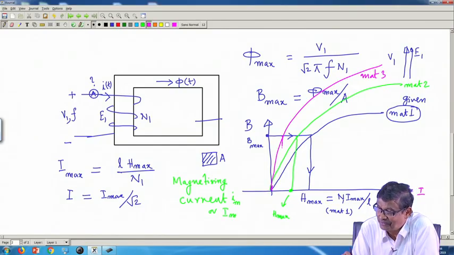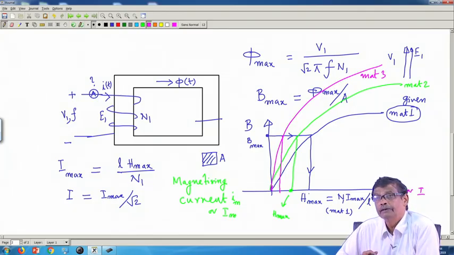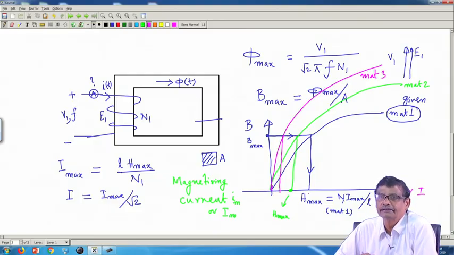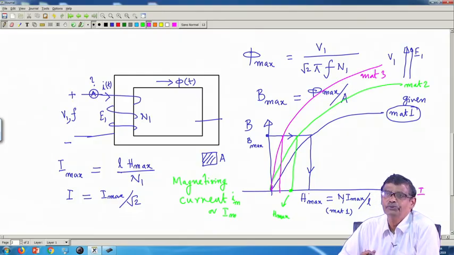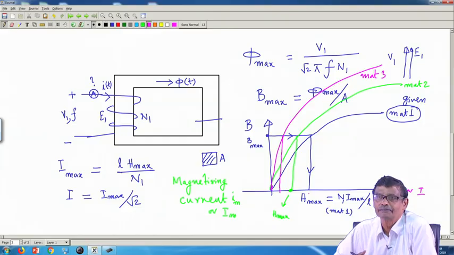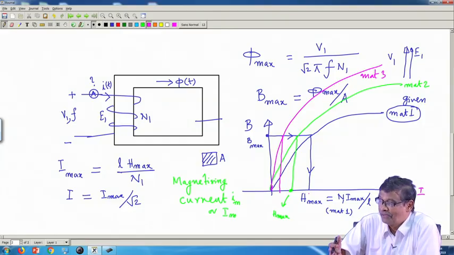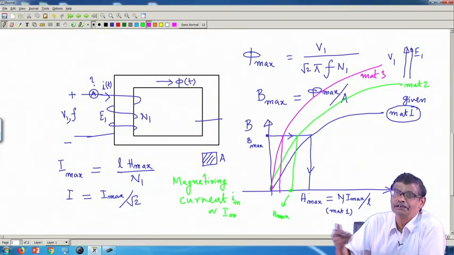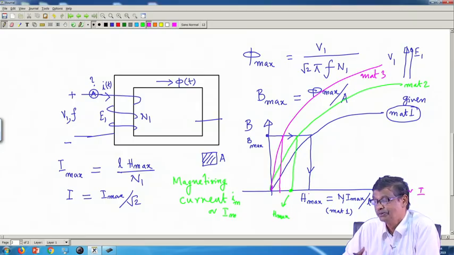can be further reduced. In other words, to establish a given flux, if you use better and better material, the current needed will be smaller and smaller. So, it is a more efficient way of creating flux, provided you use better and better material.